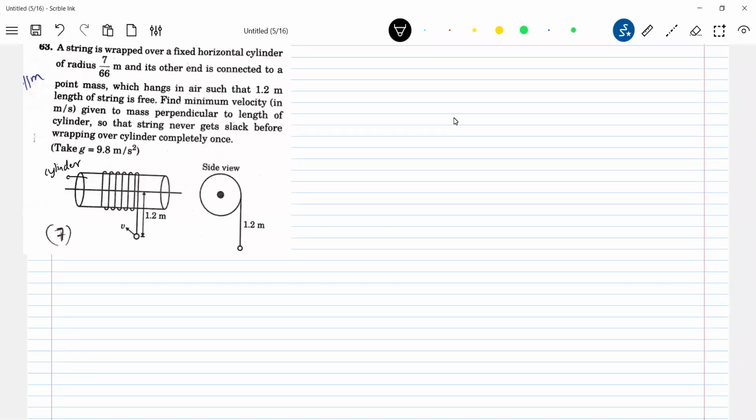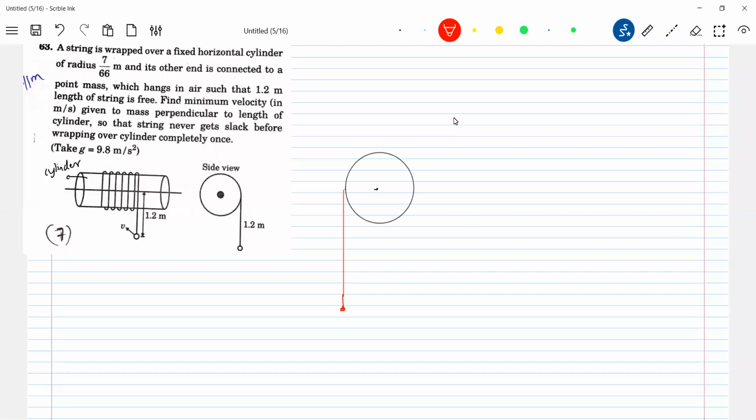What do you mean by wrapping over? So I think we should get the idea of wrapping over first. You can take it like this. So here, this is the string. What is the length of the string?